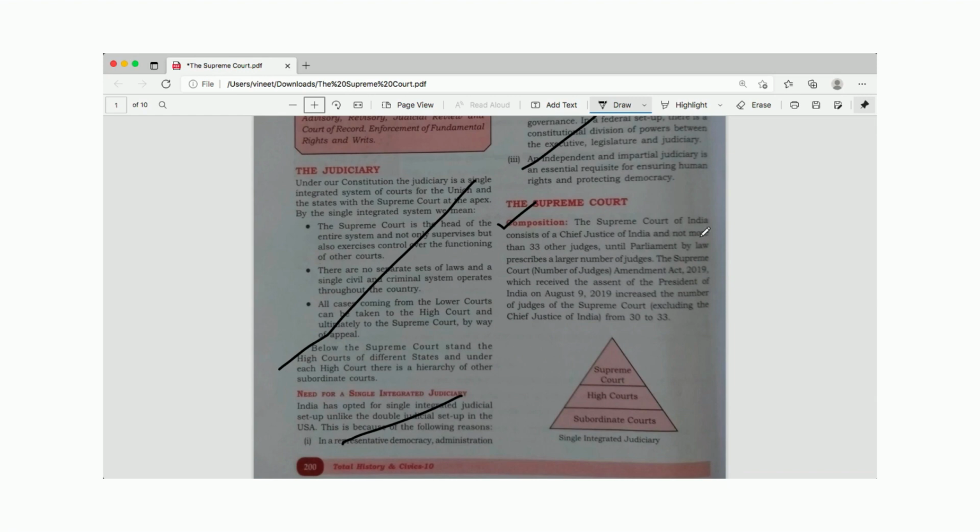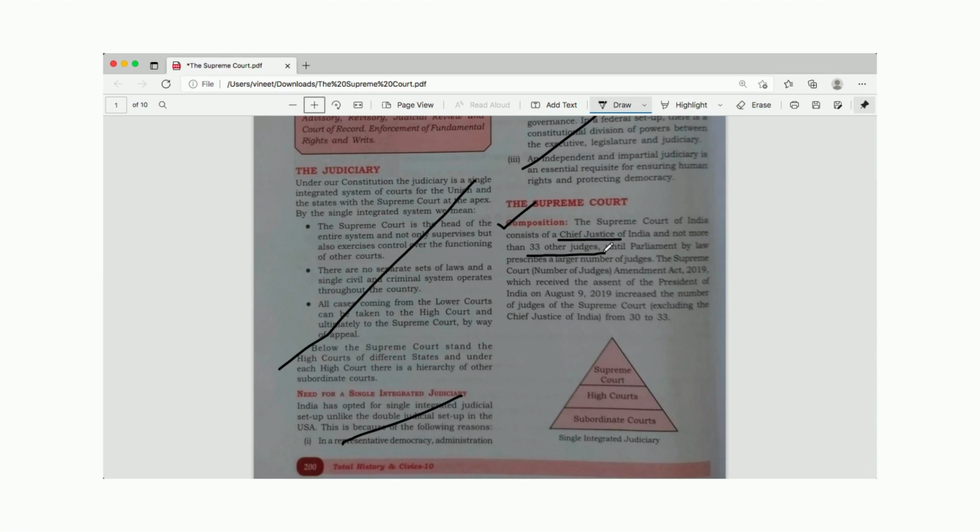So in composition, now you will see the change in the latest books. The Supreme Court of India has a Chief Justice and not more than 33 other judges. Now this is one question given in the sample paper where you have to mark correctly in the MCQ the number of judges.